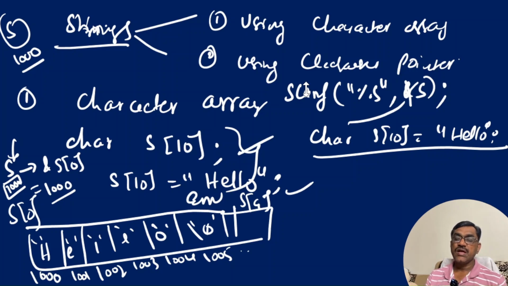The string ends only when the null character is placed. So this is the way of reading a string into a character array s. After this, the array is like this: h, e, l, l, o, and the last character is this.